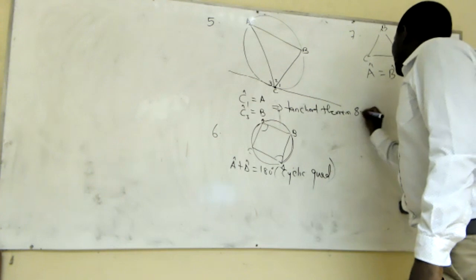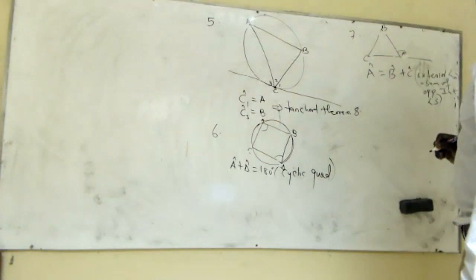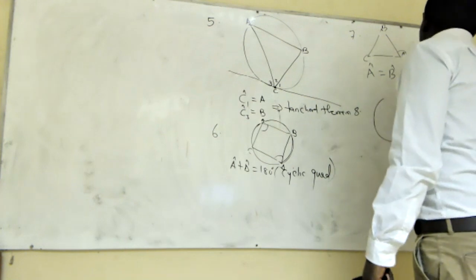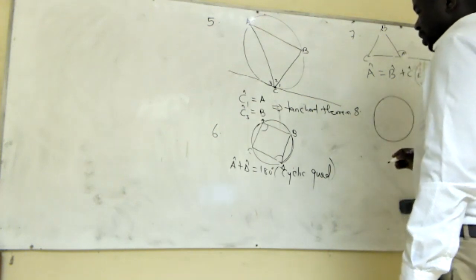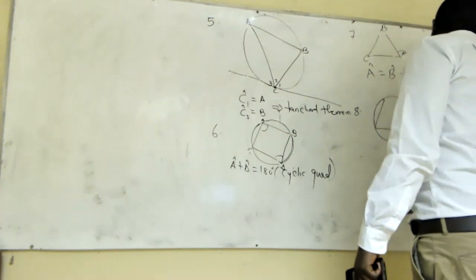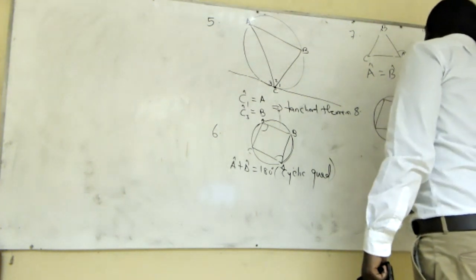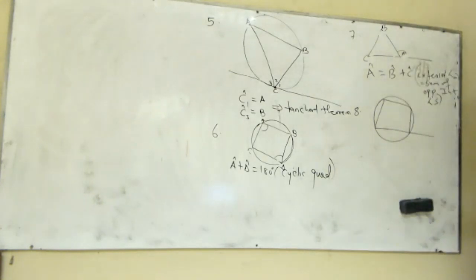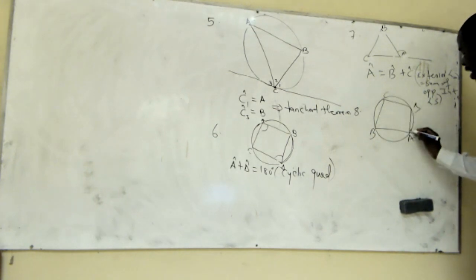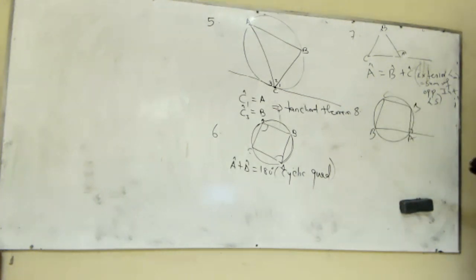And then theorem number 6 is when you are given a circle, and then inside that circle we have a cyclic quad. But this is not just a normal cyclic quad, because you can see if this is A, B, C, and D, then there's another angle that is formed there, which is outside.